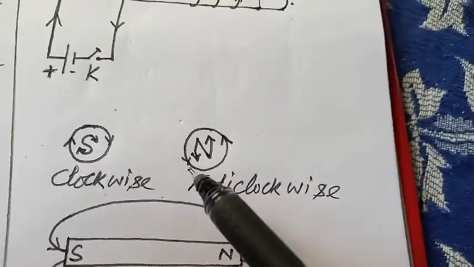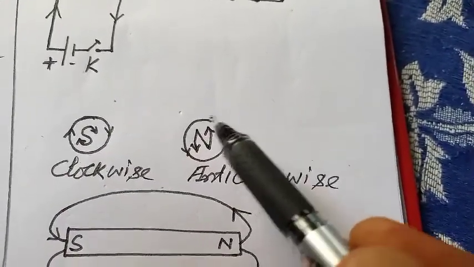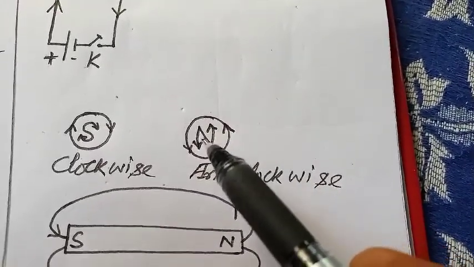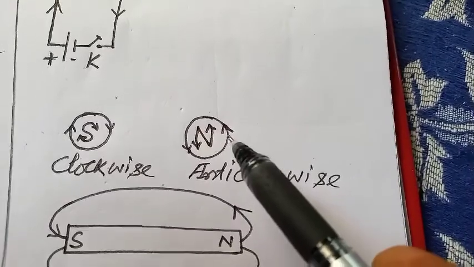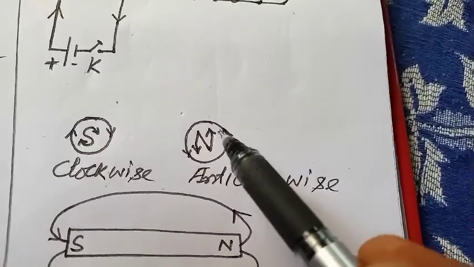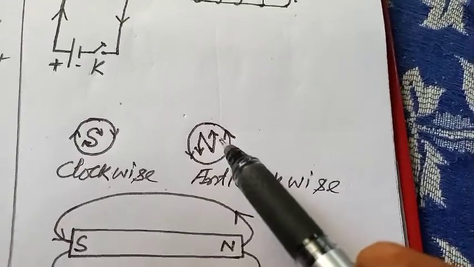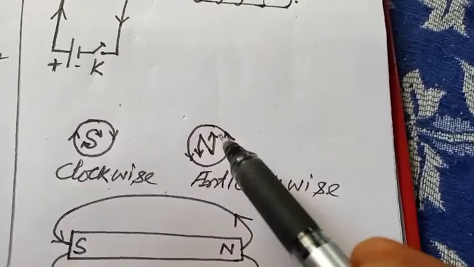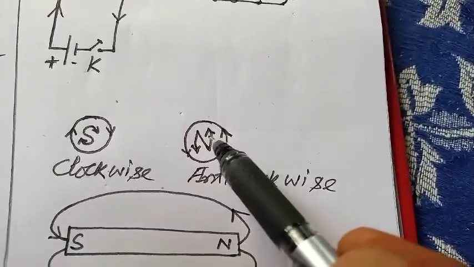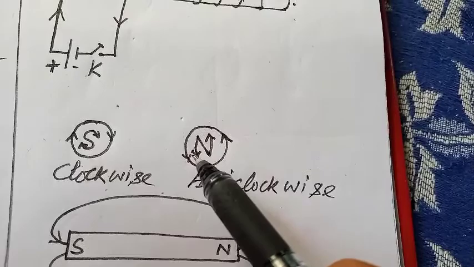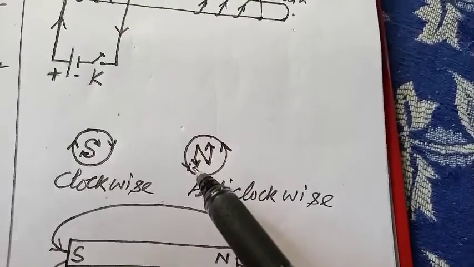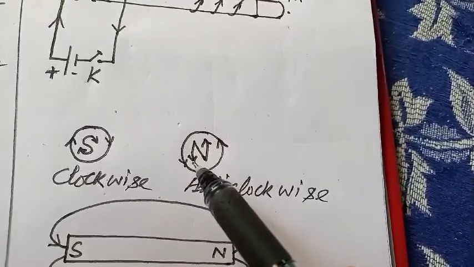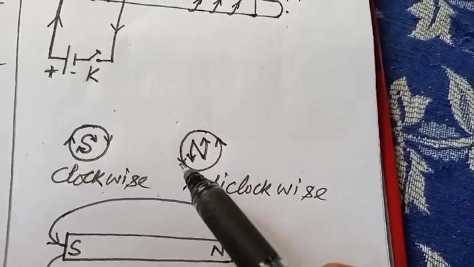If current flows anti-clockwise, see here, once again the coil, with current flowing anti-clockwise. Write N. The arrows at the ends of the N are in the same direction as the current.